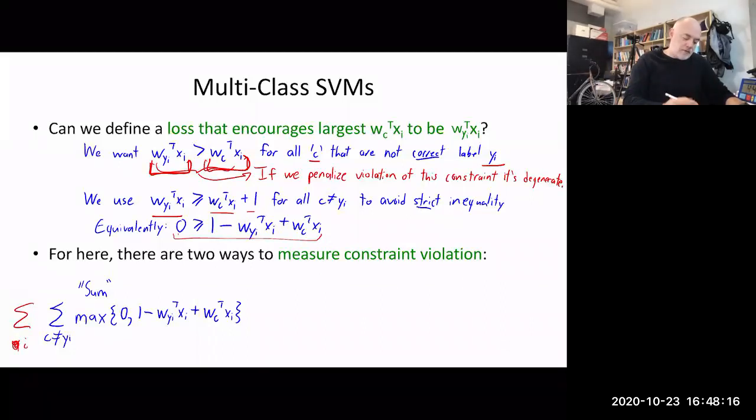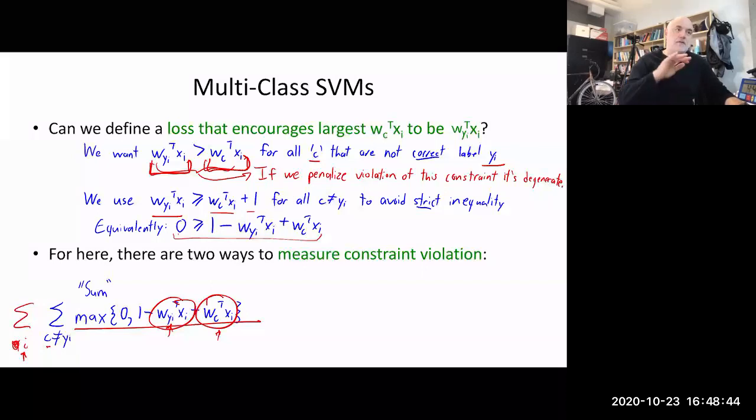For every individual data point, we want to sum over all the classes not equal to yi, right? The constraint, right? So we want to make this thing bigger than this thing. Okay, so we know yi, so we've got yi from here, right?